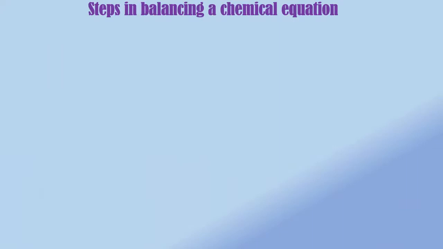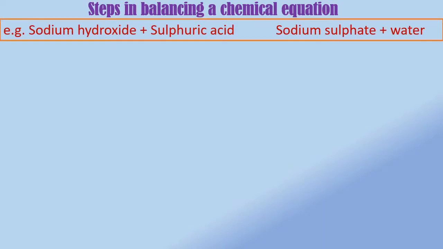Now let us learn how to balance a given chemical equation. Here is an example. Sodium hydroxide plus sulfuric acid gives sodium sulfate plus water.